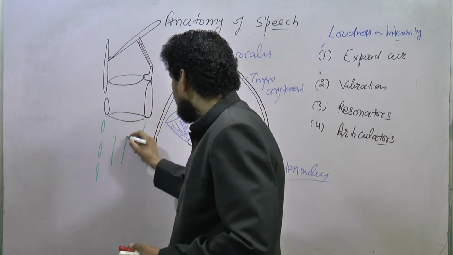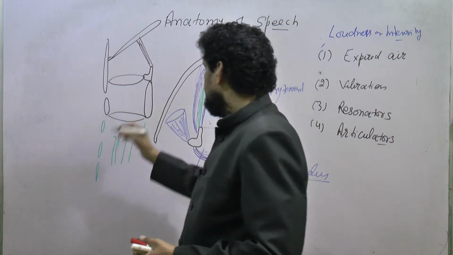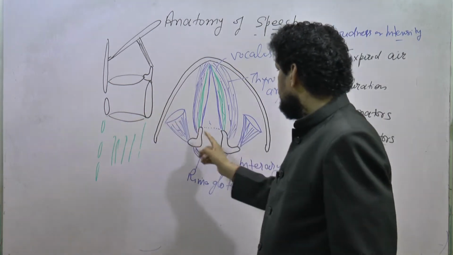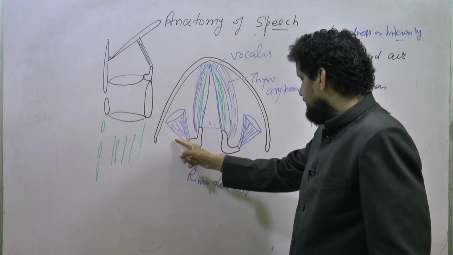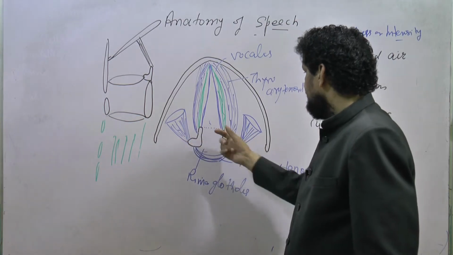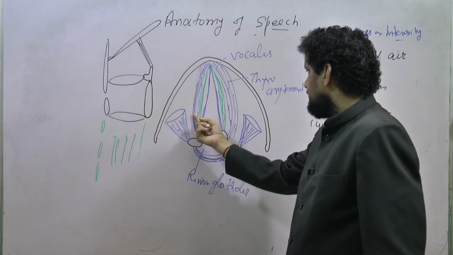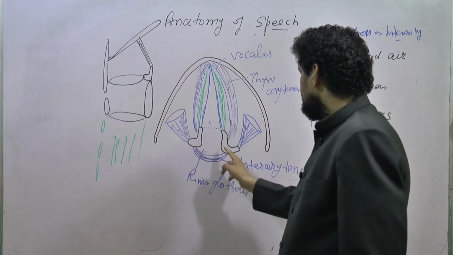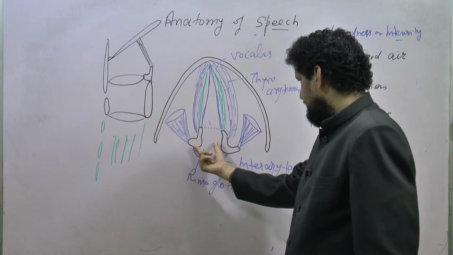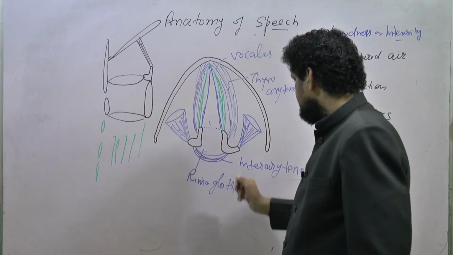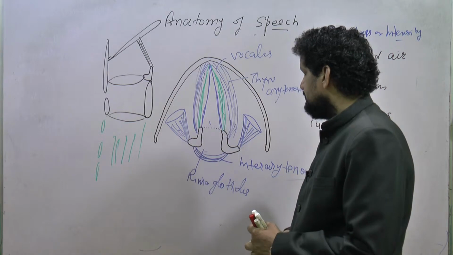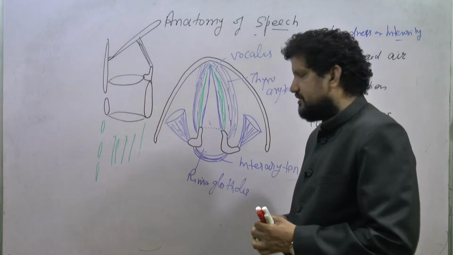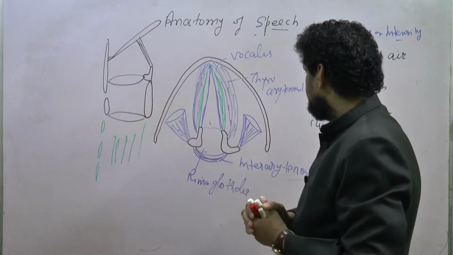So air is coming from the lungs to the larynx through the trachea, and there is contraction of the lateral cricoarytenoid muscle, which is adducting the intermembranous part, and at the same time adduction of the intercartilaginous part by the interarytenoid or transverse arytenoid muscle, not the thyroarytenoid.